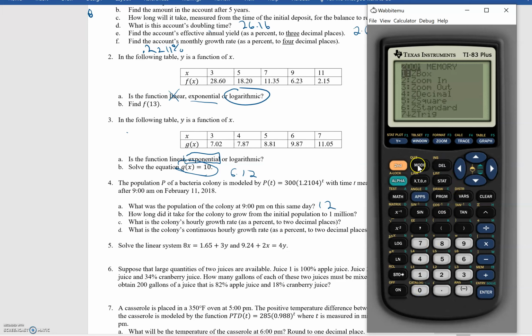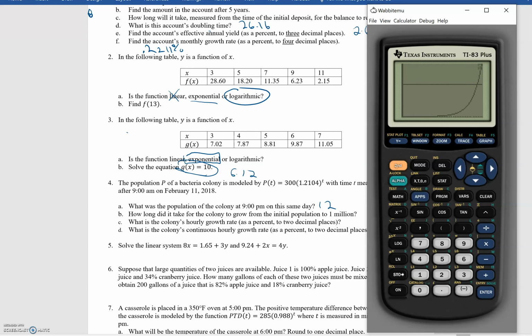And do, actually let's go to 45 just in case, and we'll do zoom fit. And hopefully we'll see our intersection. I think we're going to get it.